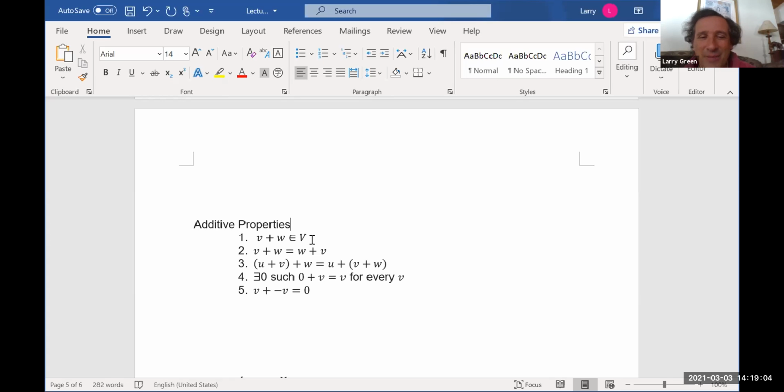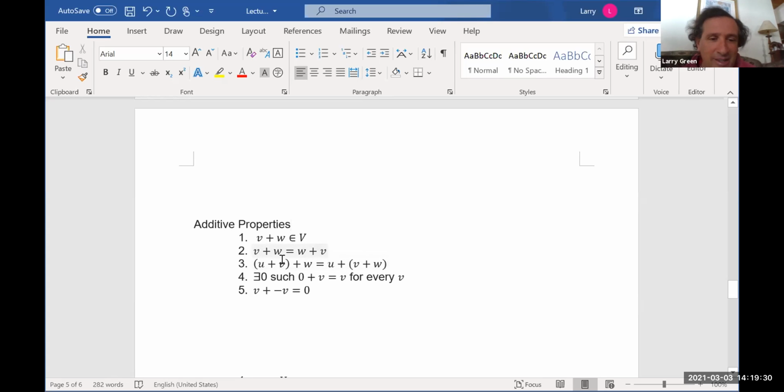So if you dot 2 vectors, you don't get a vector. You get a number. Does that make sense? Whereas with good old fashioned addition, if you add 2 things, you always get one of those types of things. If you add 2 numbers, you get a number. If you add 2 matrices, you get a matrix. Any questions on that?